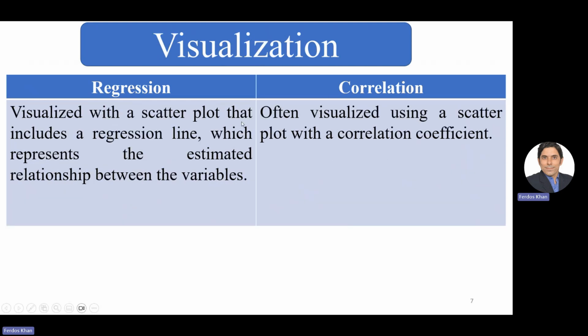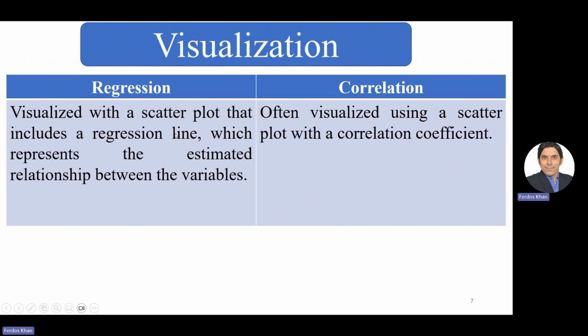Visualization. Both concepts can be visualized using a scatter diagram. However, the difference is that in regression, we have a regression line that shows the relationship between the two variables, represented by an estimated line, which is the estimated relationship between the variables.